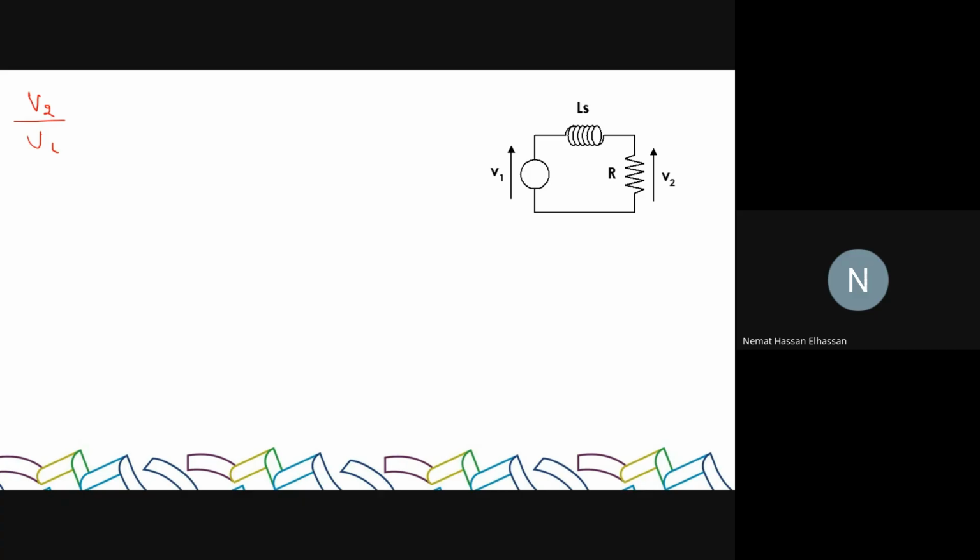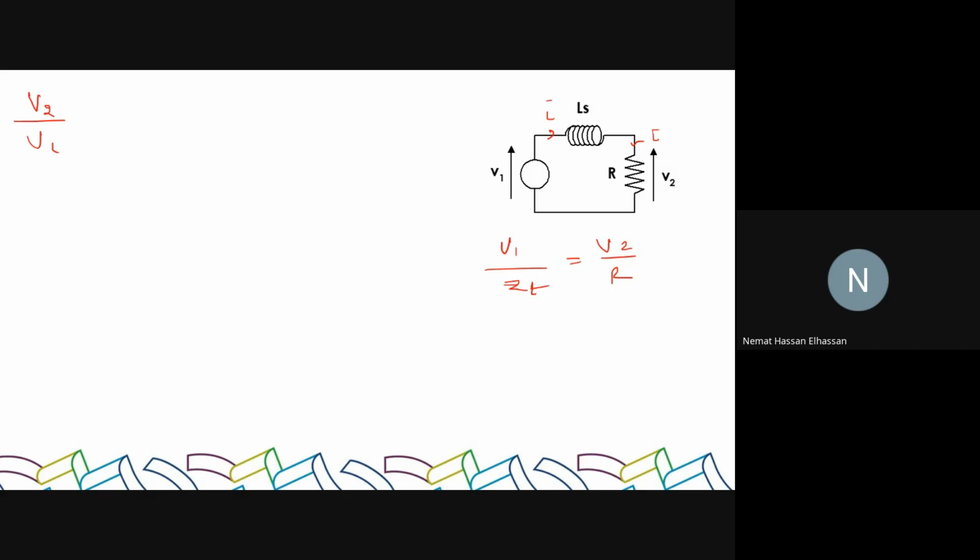So the current passing through here is I, right? Which is also the same current passing through the resistor, right? The total current is V1 over Z total, right? And the current passing through R is V2 divided by R, right?